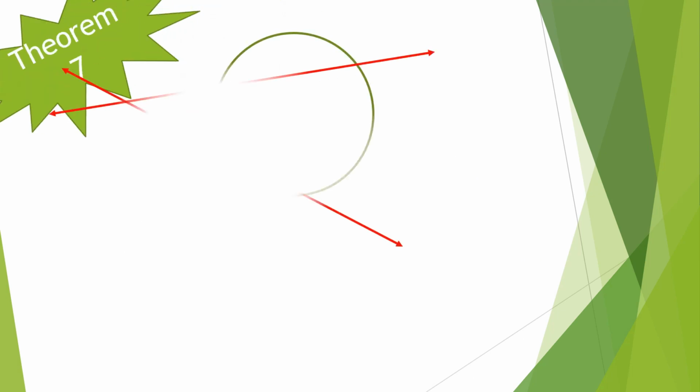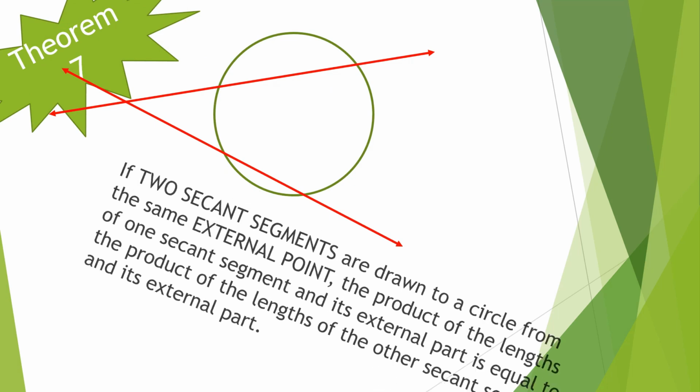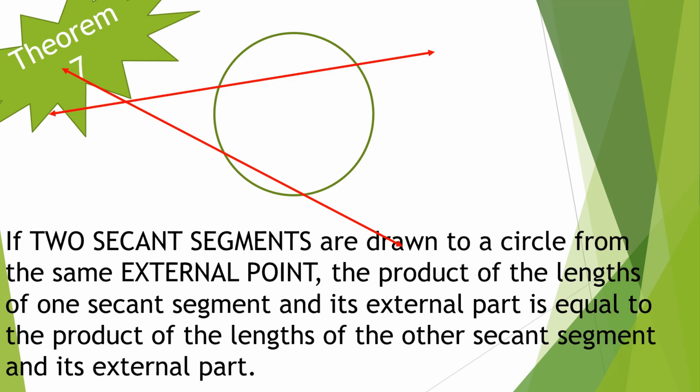So let's go to theorem number 7. So we have here a figure, two secant lines that meet outside the circle. So how do we get the length of each segment?